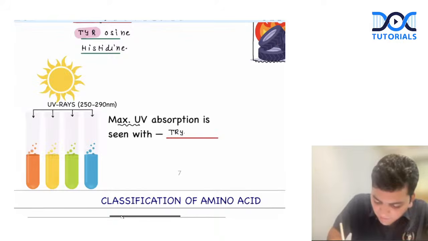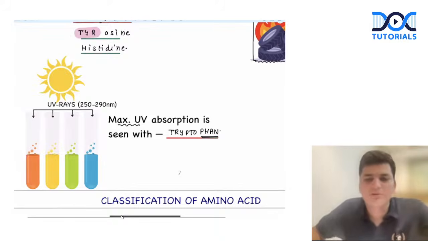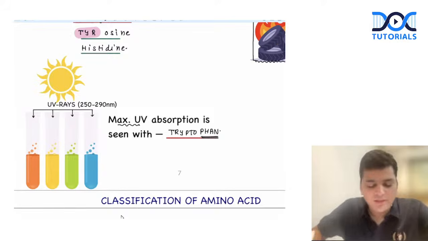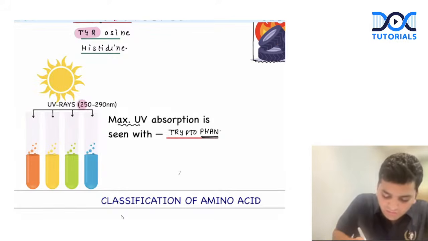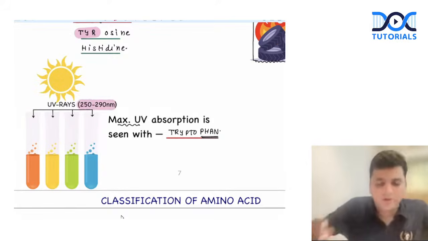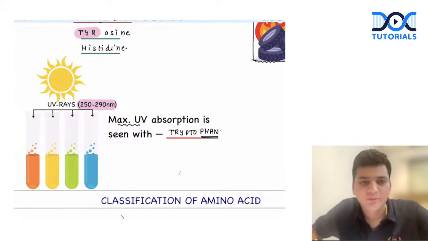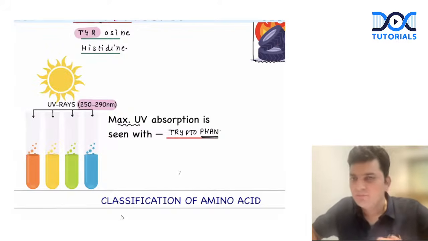It is seen with tryptophan. Among all the aromatic amino acids, the maximum UV absorption is by tryptophan. If they want to make a difficult question, instead of UV rays, they will ask which amino acid has more potency to absorb rays between 250 to 290 nanometers, because this wavelength is for UV rays, and the maximum is for tryptophan.